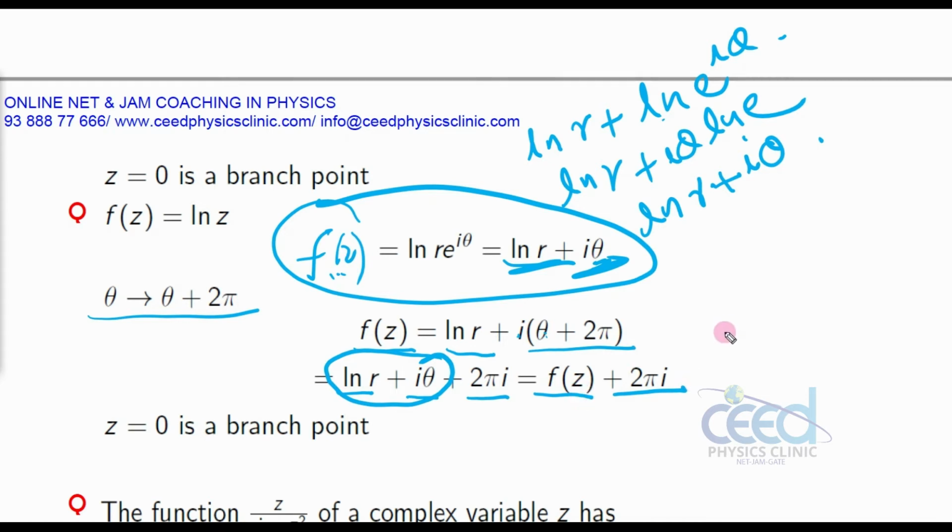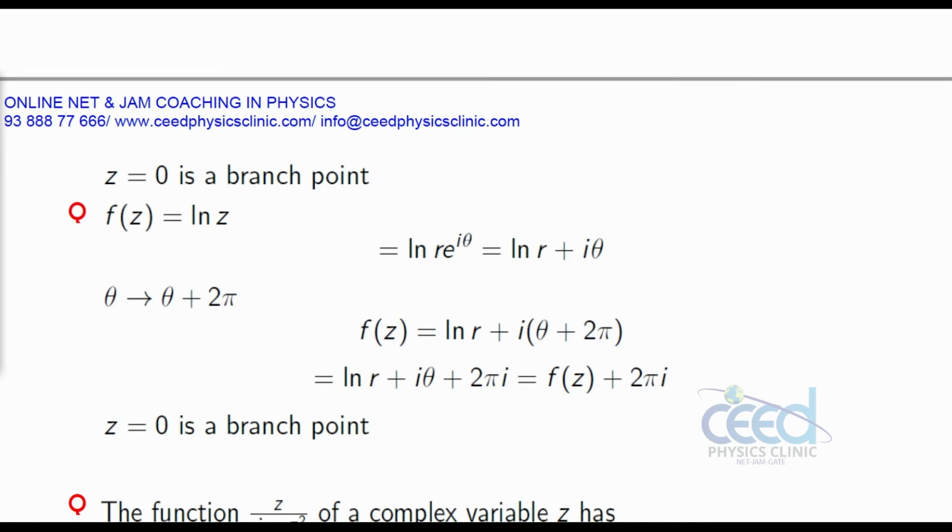So I got f of theta plus 2 pi, that is not equal to f of theta, right? There is an increase of 2 pi i here. So this is a branch point. As it is not equal, it is a branch point, right?